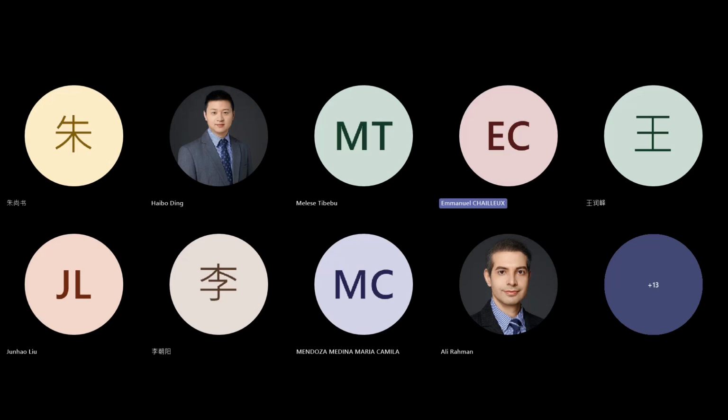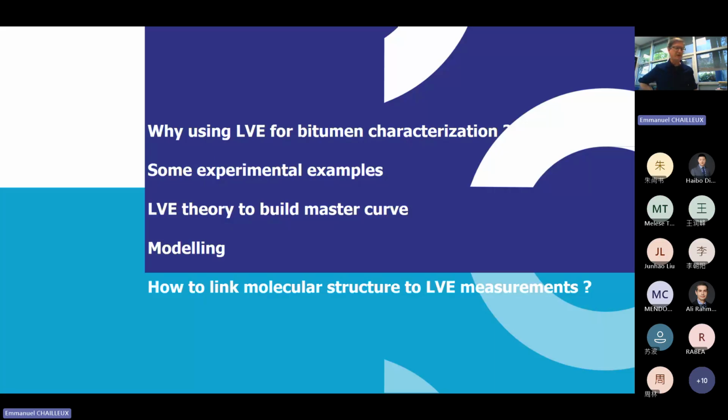to characterize bitumen. I will give some experimental examples focusing on the viscoelastic signature using the black curve. I will also explain some work we did several years ago to build master curves using only calculations from linear viscoelastic theory, without any adjustment of the curve, just by calculation.